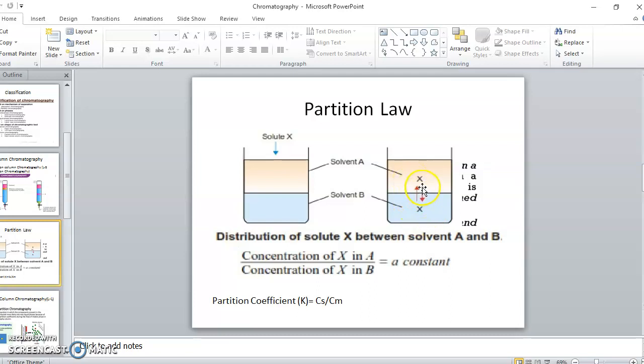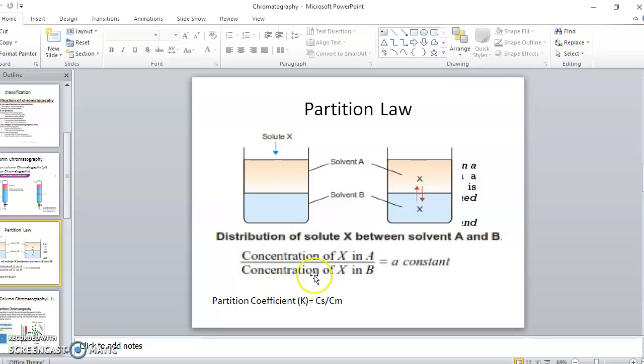Then an equilibrium is reached between the concentration of the solute in solvent A and the concentration of solute X in solvent B. And that ratio, concentration of the solute X in solvent A divided by concentration of the solute in solvent B, will be a constant. This constant is called the partition coefficient. So this is the partition law or distribution law.